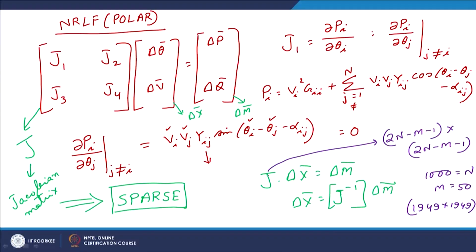Now, let us understand also one very important thing. At each and every iteration, this matrix J is evaluated with the current values of V i, V j, theta i and theta j. So, after I evaluate this matrix J, what we have got is basically the numerical values of this J matrix.